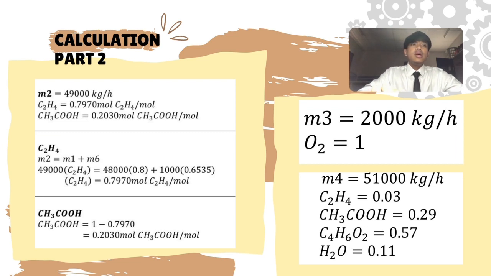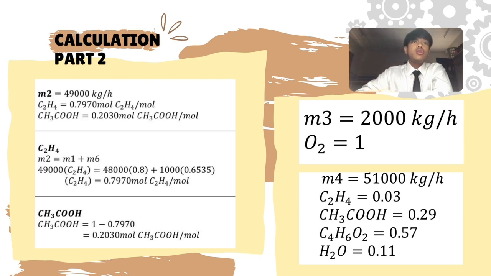So for M3, we put the flow rate as 2,000 kg per hour, and for oxygen, just one component, so it is 1 mole. For M4, we have 51,000 kg per hour, which we get from M2 plus M3, 49,000 plus 2,000, which gives 51,000.